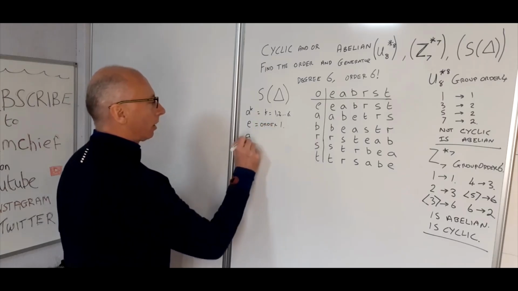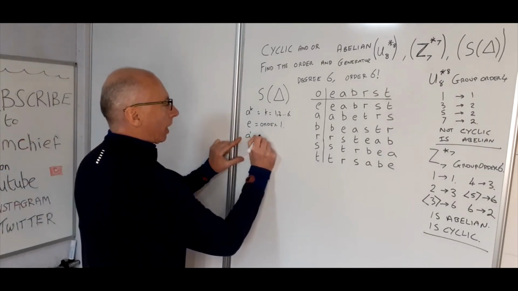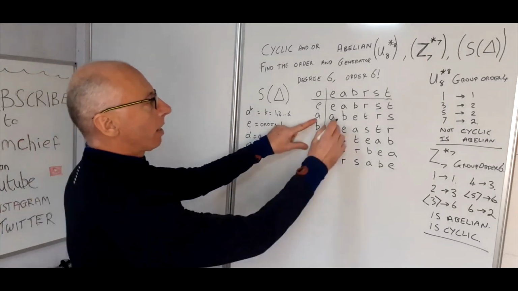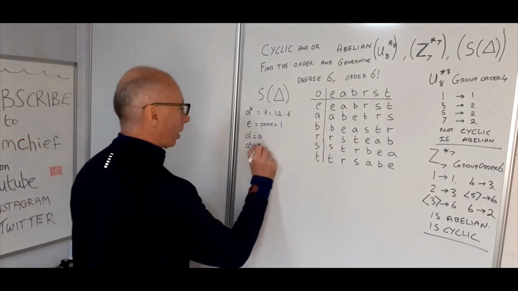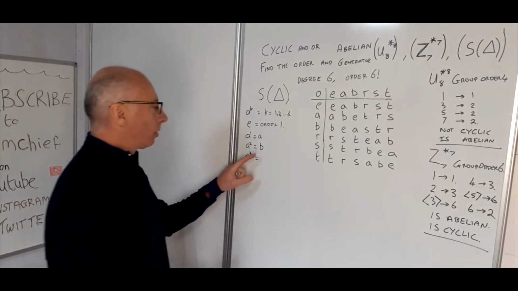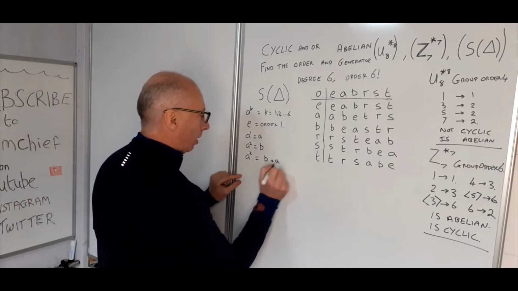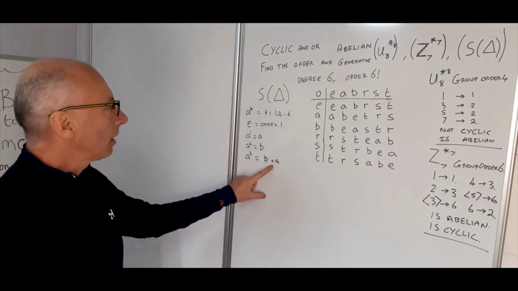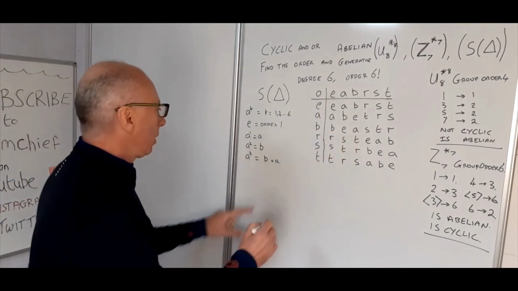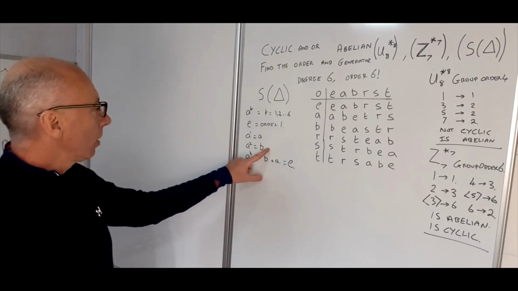So A to the power of 1, that's just A, that's fine. A squared, so that's A acting on A, that gives us B. So now cubed. So A cubed is the equivalent of B and A. So therefore B acting on A, we will end up with the identity. So basically this one here is of order 3.